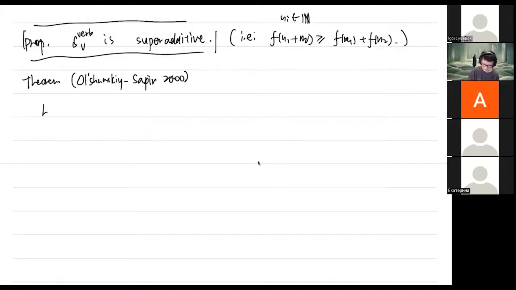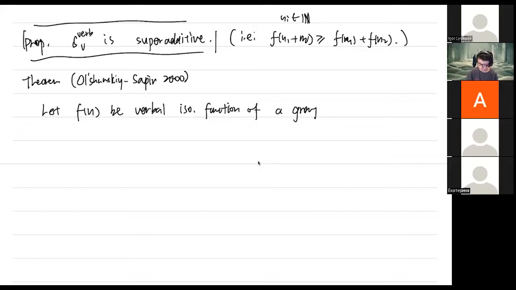So let me show you the statement of the theorem. Let f of n be the verbal isoperimetric function of a group variety V.